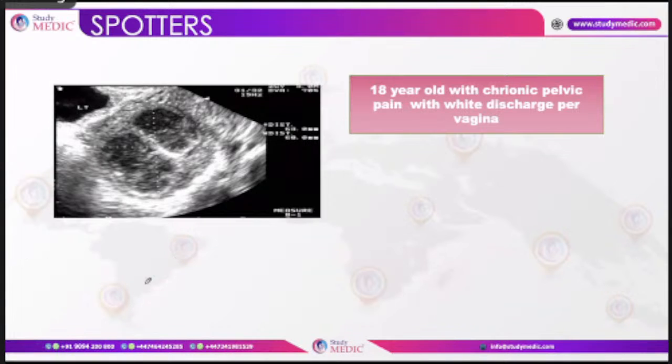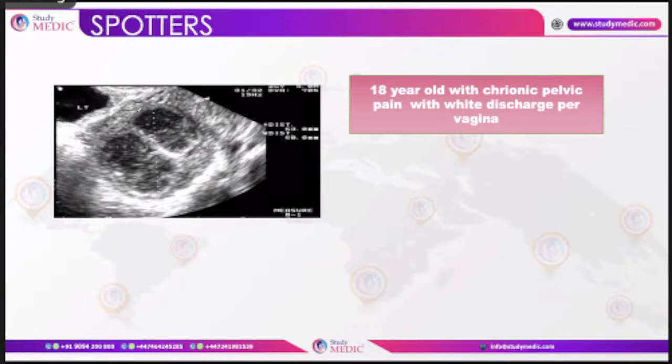Let's move to the next case, where an 18-year-old has chronic pelvic pain with white discharge per vagina, and this is the one which you are seeing. What is the diagnosis? When you get these types of scenario-based questions, you need to be able to differentiate the different ones.